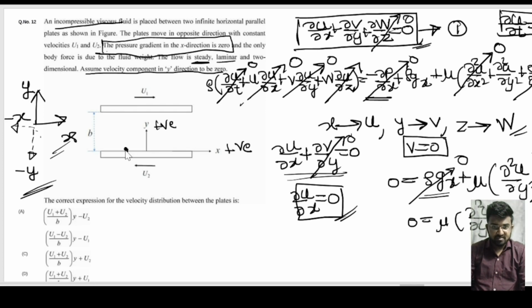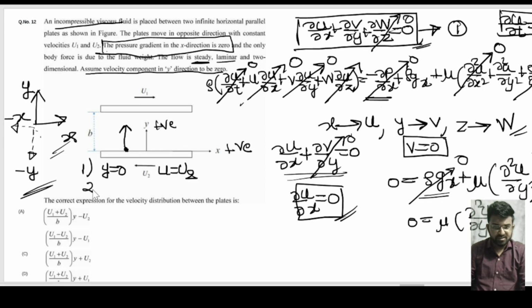The y distance starts from here. When we take y equal to 0, at the point y equal to 0, we will get the velocity u equal to u2. This is the first boundary condition.